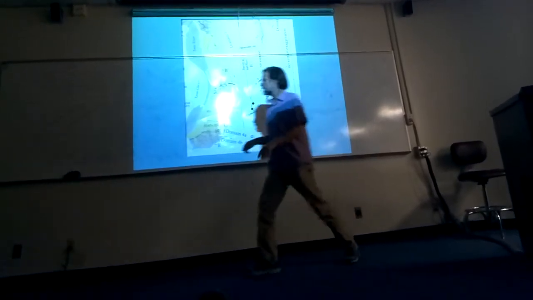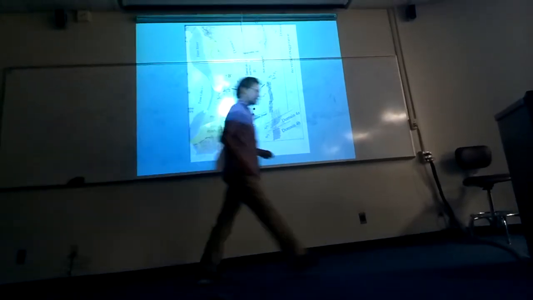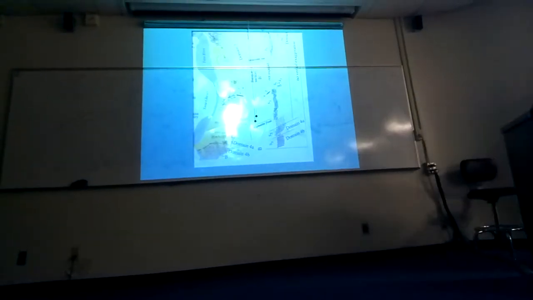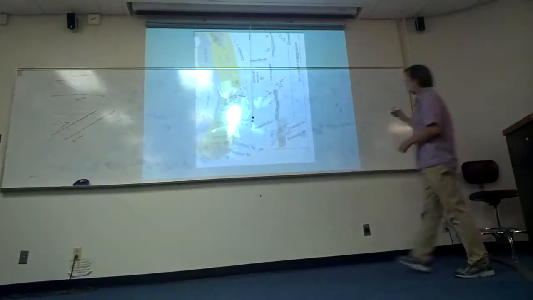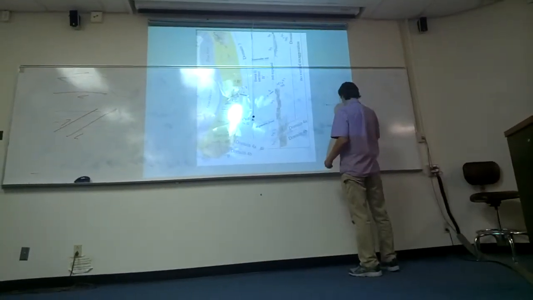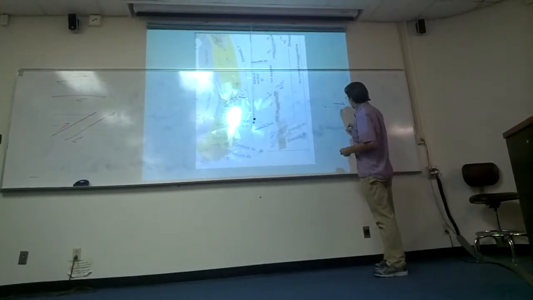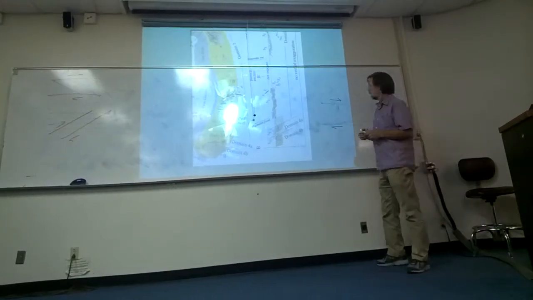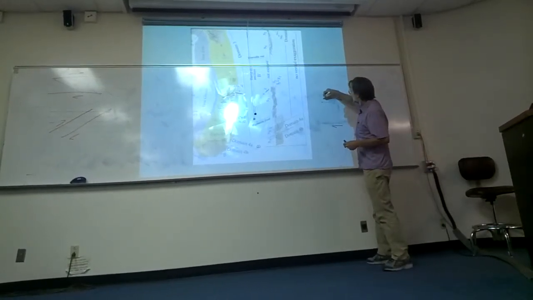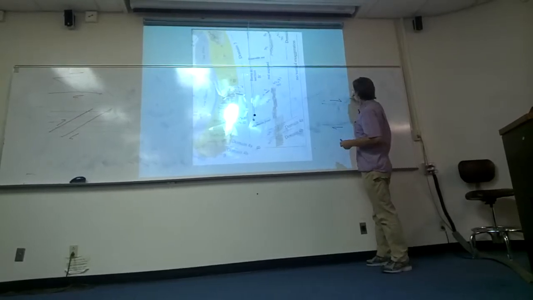Now, maybe I should turn the light on for this one too. If you have material that's flowing, or that is affected by, we're doing everything top to the right now, right? Makes it easier. The shortening axis is here, and the extension axis is here.